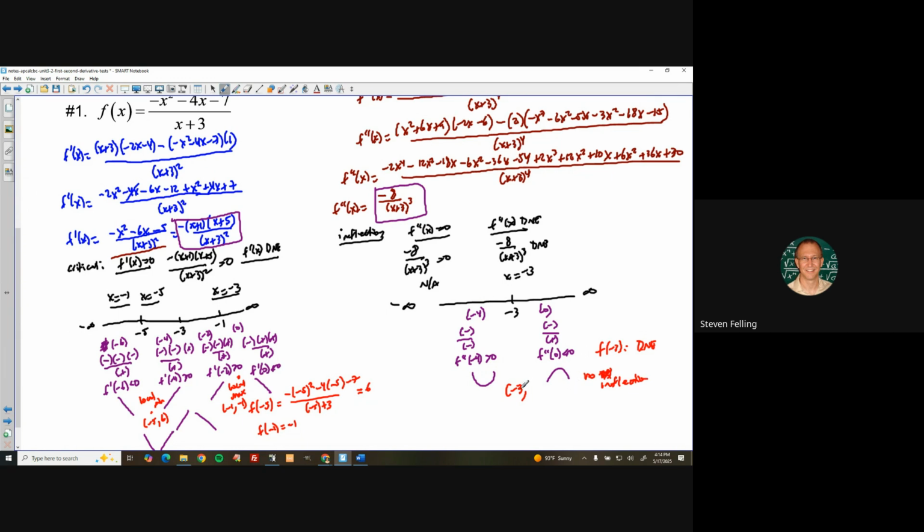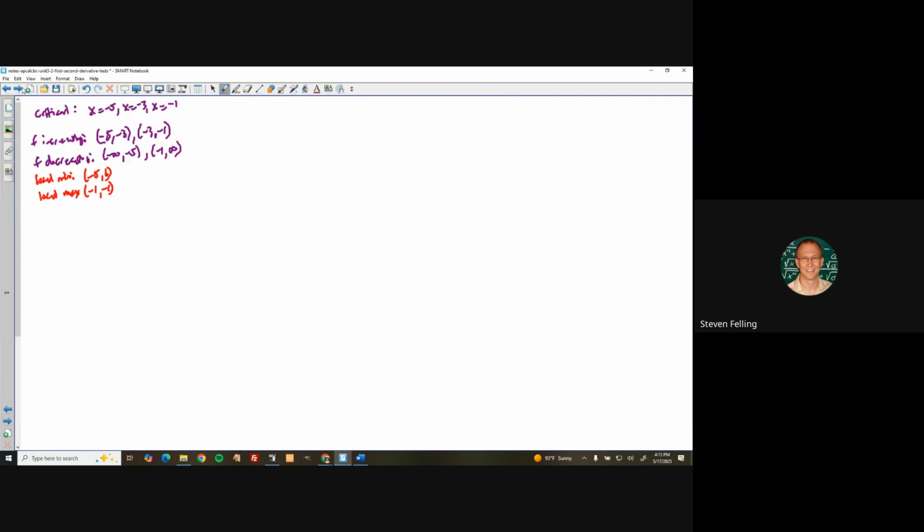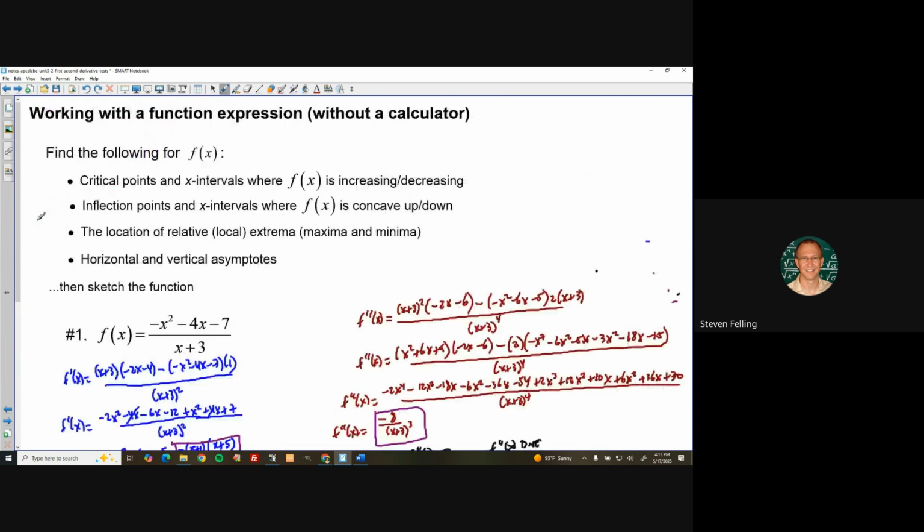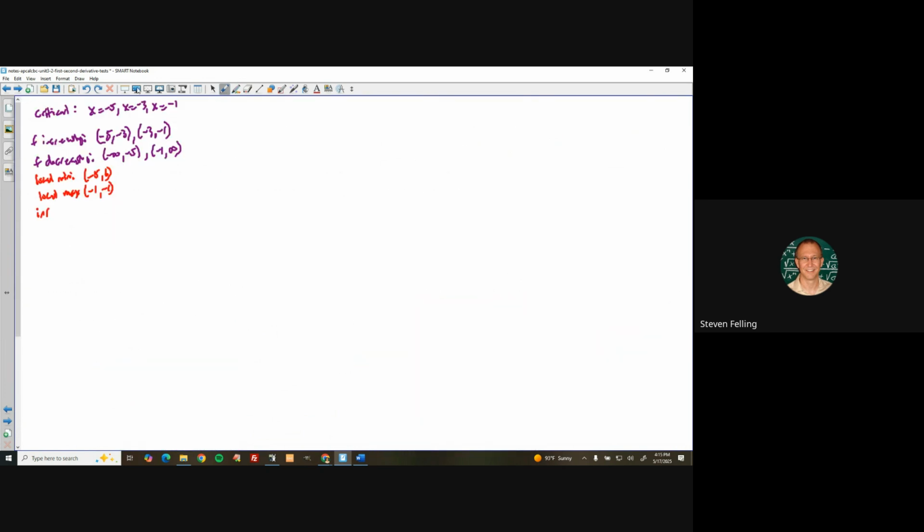But there is an inflection value at x is -3. So I'm going to note that. There is an inflection value. Actually, let me use the same kind of things up there. This is kind of inconvenient to do on that screen.